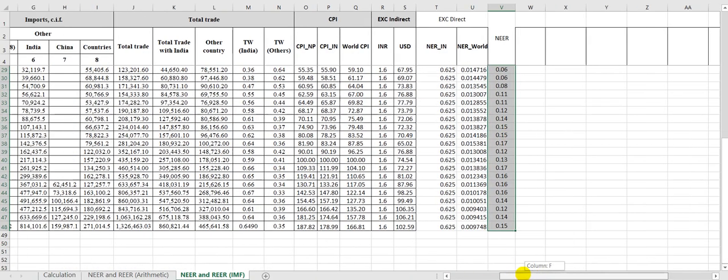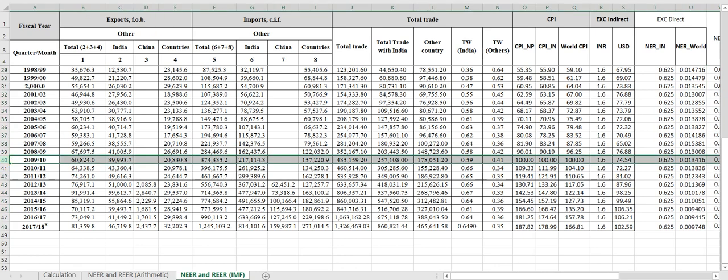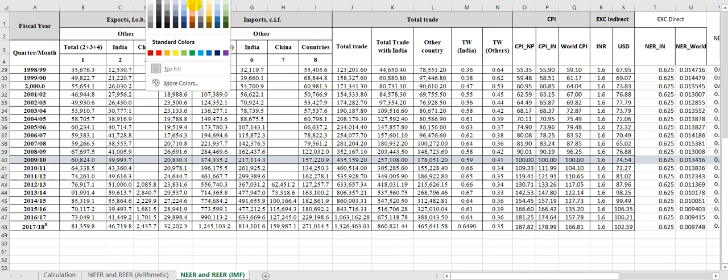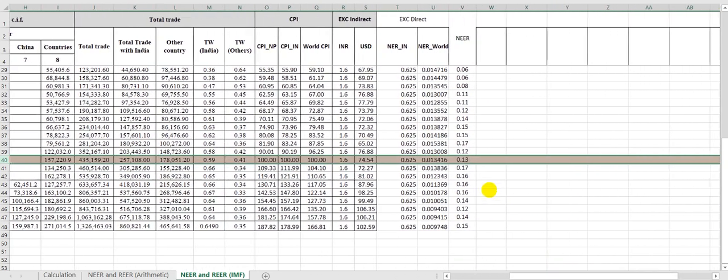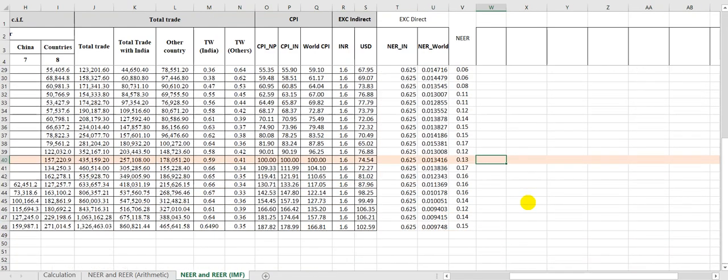Since my base year is 2009-10, let me highlight it. My base year is 2009-10, so I will make this basis value 100.